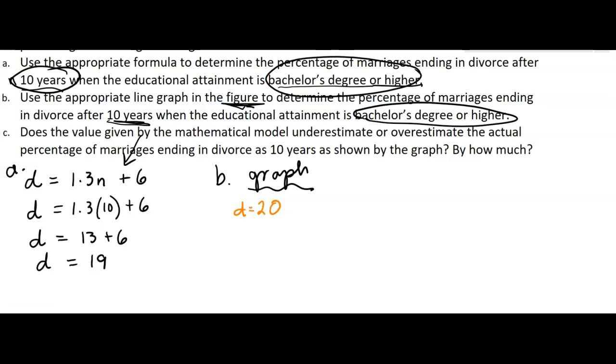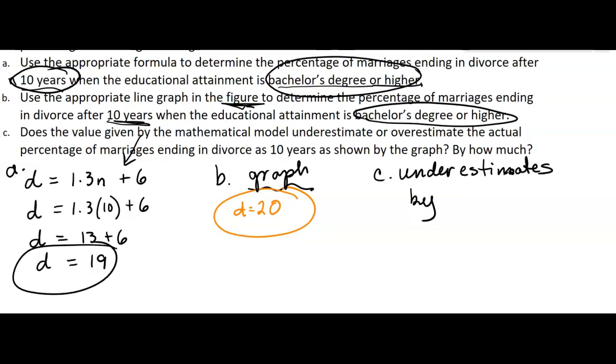Does the value given by the mathematical model underestimate or overestimate the actual percentage? Remember, this is the actual data. My model's just a prediction. Well, it looks like it underestimates. The model said it would be 19%, but the actual data says 20%.